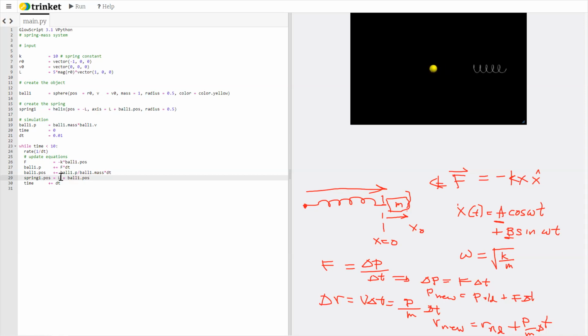So I think we need to adjust the location. Spring 1 dot pos should be axis, not the position.